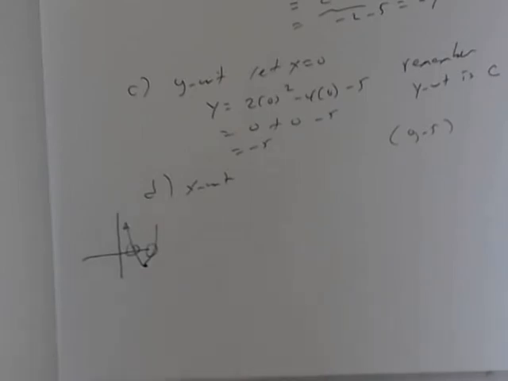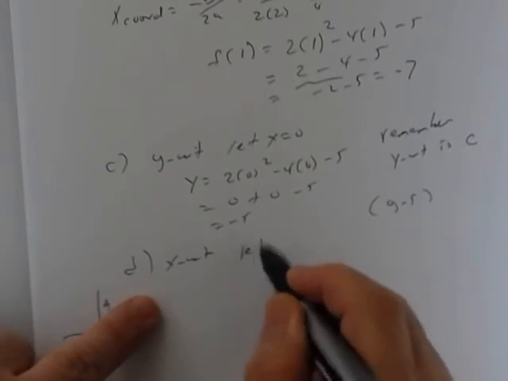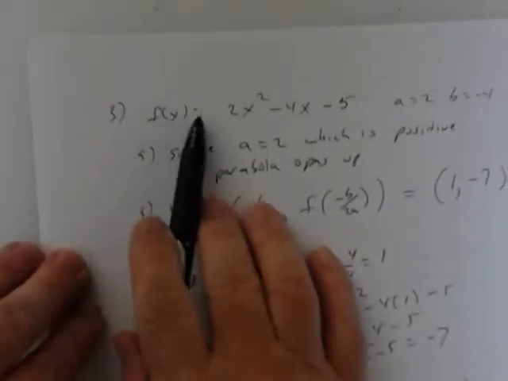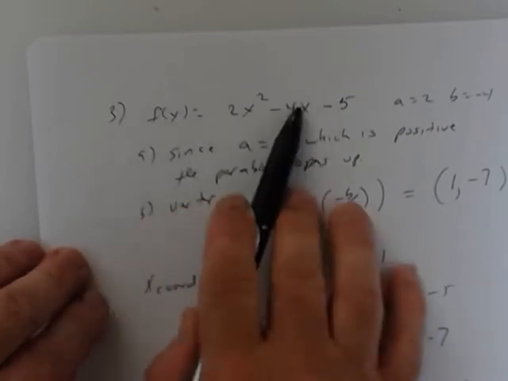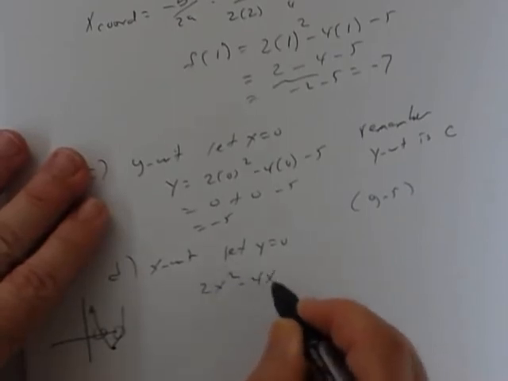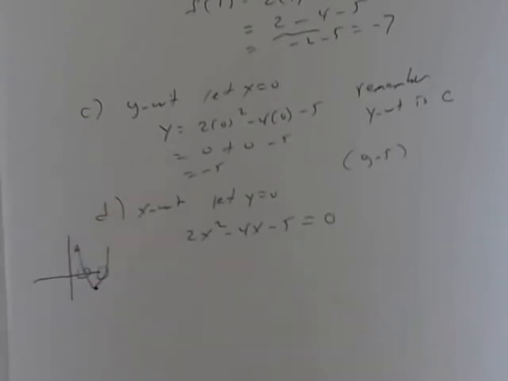All right. Now, listen to this. You're going to set your function equal to 0. Remember, to find the x-intercept, you let y equal 0. What over here stands for y? So you take this and set it equal to 0. So 2x squared minus 4x minus 5 equals 0.